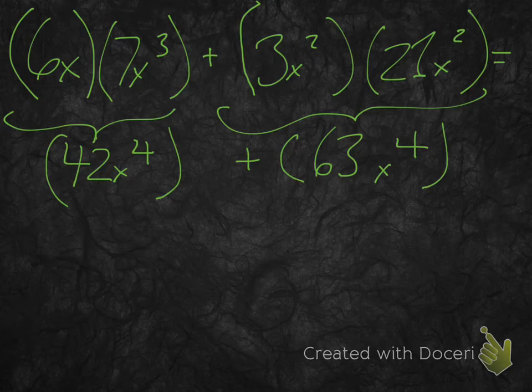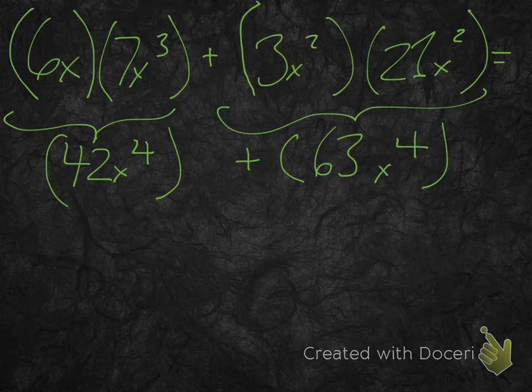Well, this is actually pretty convenient, right? Because each is now raised to the fourth power. So when we add them, we can just add the coefficients, because if the variable and the exponent are the same, then we can just add the coefficients preceding them when we are adding the entire term.